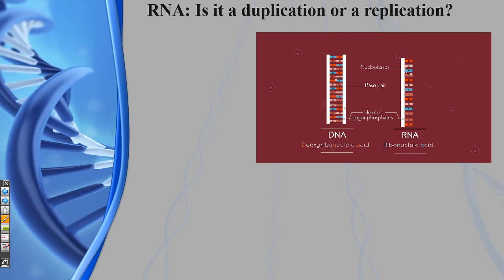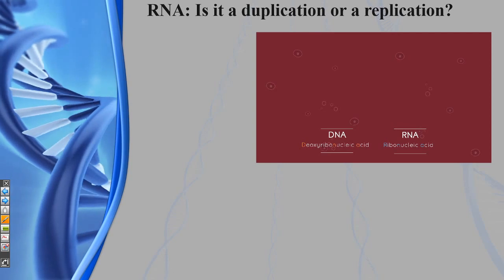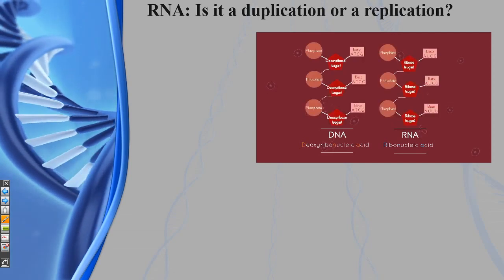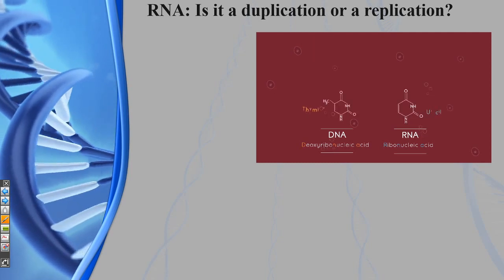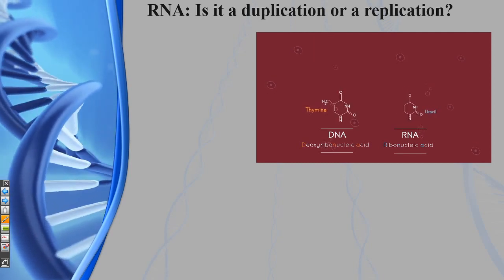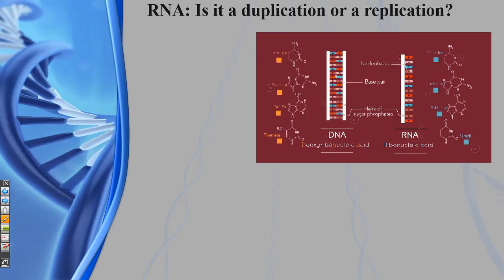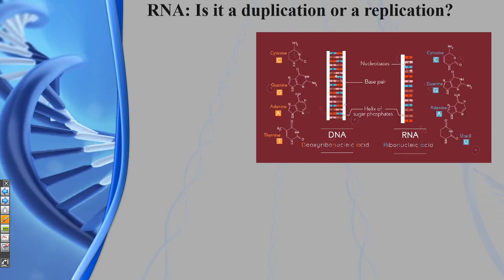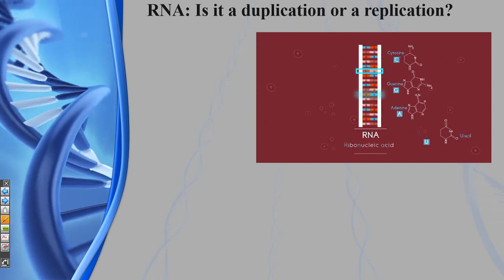Each nucleotide consists of a ribose sugar, phosphate group, and nucleotide base. RNA has a sugar called ribose, whereas DNA has a sugar called deoxyribose. Look here, RNA has a base, uracil, or U, whereas DNA has the base thymine, or T. So in RNA, C and G still pair, but now A and U pair.